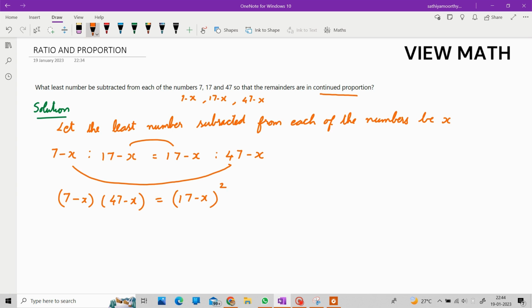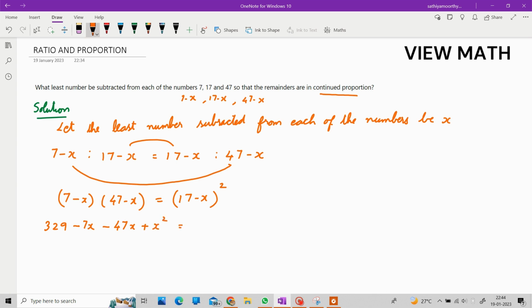Now let me multiply. 7 into 47 is 329 minus 7x minus x into 47, so minus 47x, minus into minus becomes plus, x into x is x square.